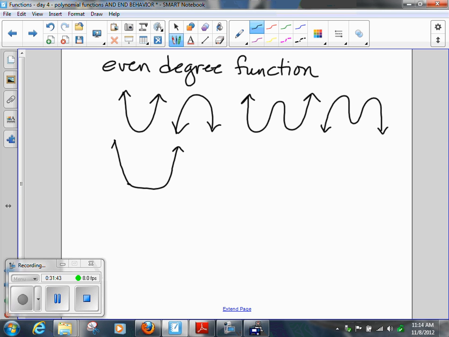But we looked at an x to the fourth polynomial, and it was a flat vertex, right? Okay.